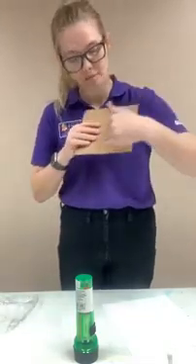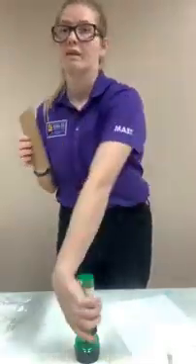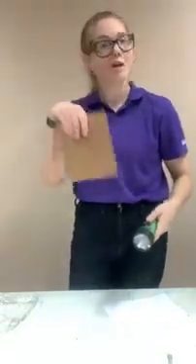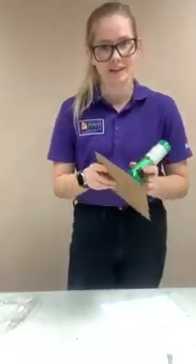So let's try a different object. Let's try this piece of cardboard. Do you think that this cardboard is transparent, the light can pass through, translucent, where some of it can, but not all of it, or opaque, where none of the light is going to pass through? If you think you know, put it in the comments. Let's go ahead and test it out.